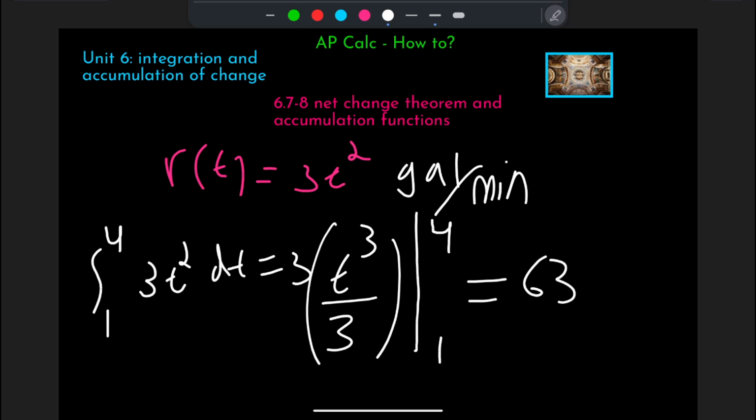And this is 63 gallons. Okay, so this means that the tank gains 63 gallons over that interval, and it allows us to figure out the total amount that has happened during that time.